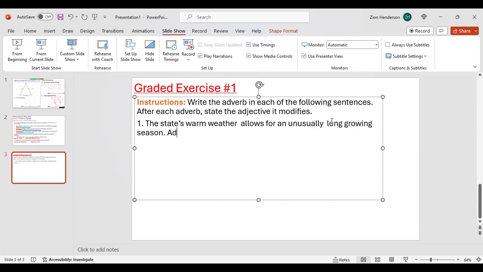Again, you want to state the adverb and you want to state the adjective that is being modified.